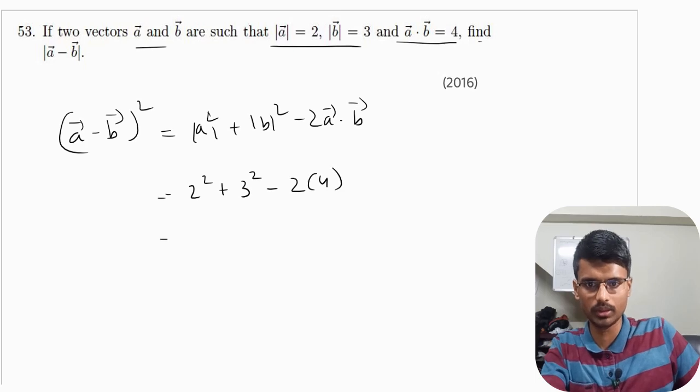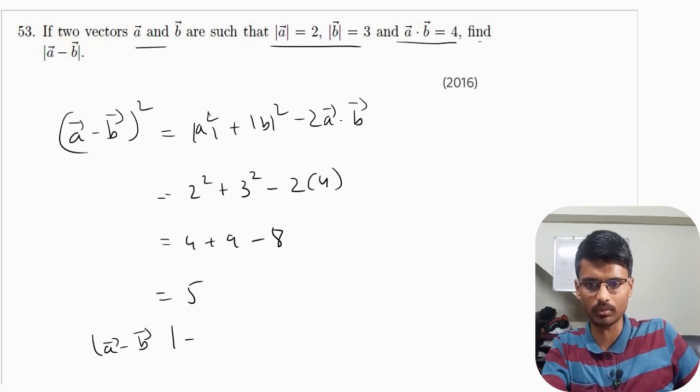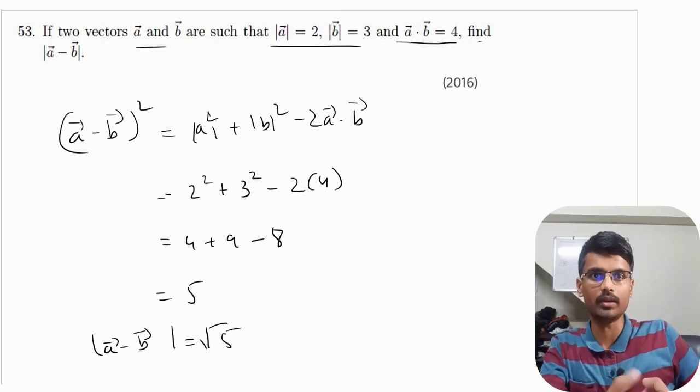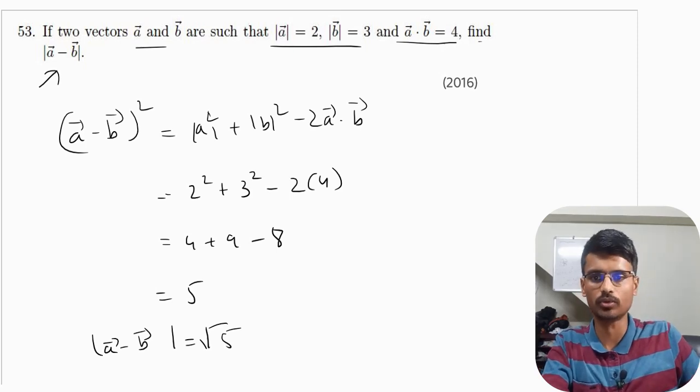So this gives us 4 plus 9 minus 8, which is 5. So the magnitude of A minus B is root 5. Keep this in mind: squaring is very important in vectors. This manipulation is mostly used.